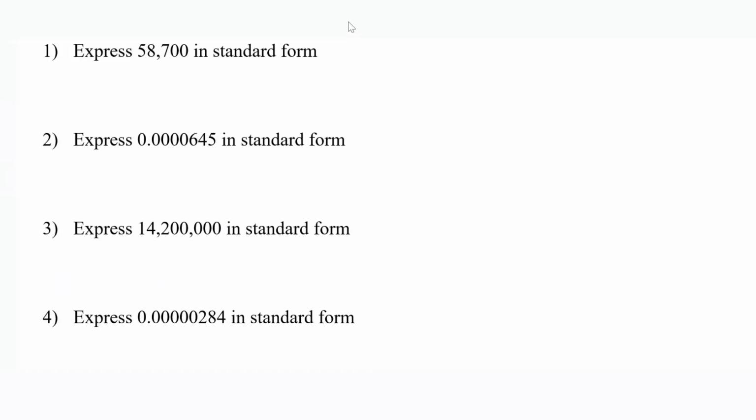So taking a look at a few example questions. Number 1, we need to express 58,700 in standard form. And just for our reference, I'm going to add the format at the top right here. So a number between 1 and 10, here we can do 5.87.